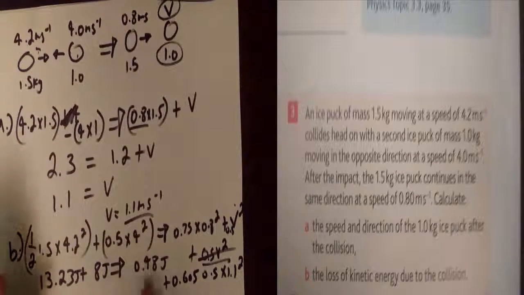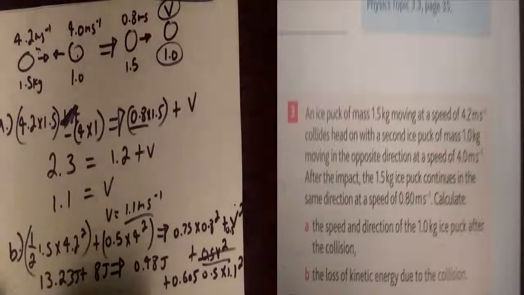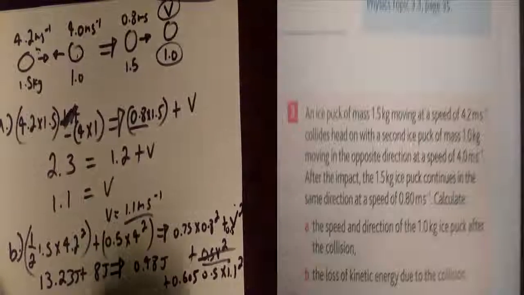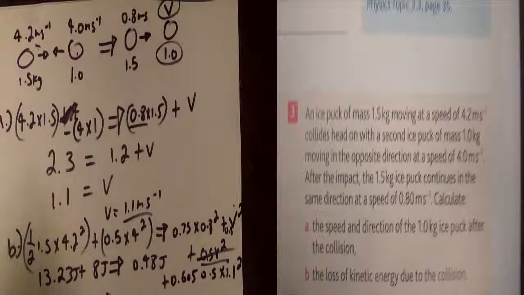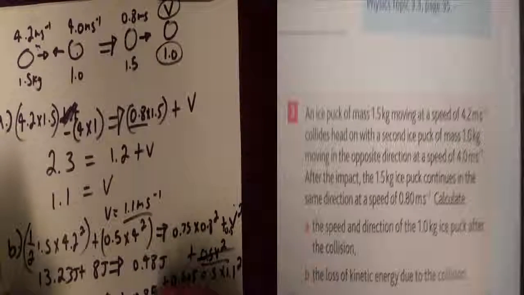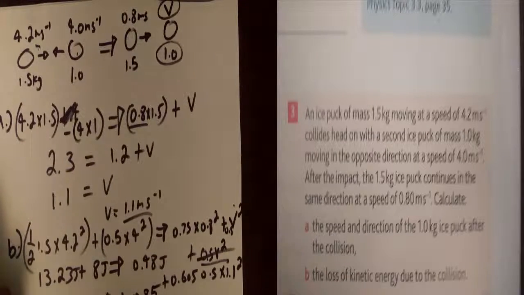Now, if we add these two together and add these two together, we will get 21.23 joules, will be going to 0.48 plus 0.605, 1.085. We take this number away from this number, we get our loss.